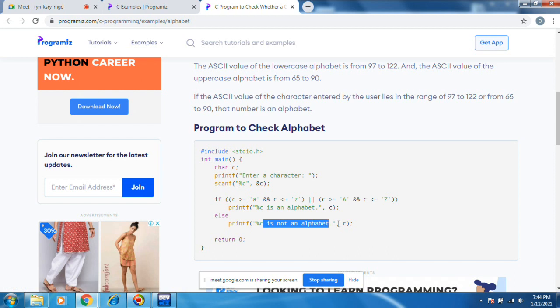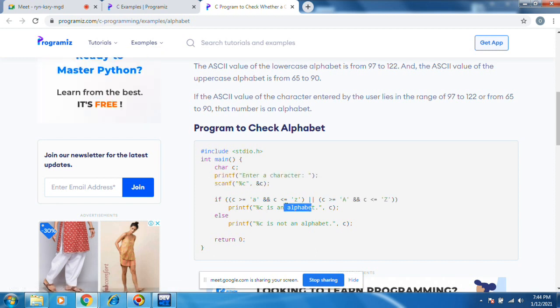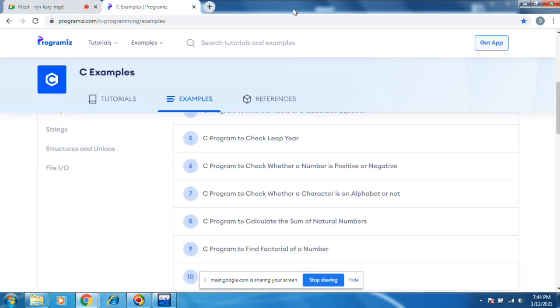Otherwise, it is not an alphabet. This is and. And means the value should be between small a to z and capital A to Z. That you entered, then only it will print alphabet, otherwise not alphabet. This is very simple. Let's go to some complex one.